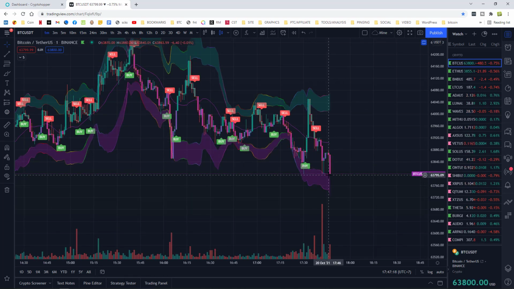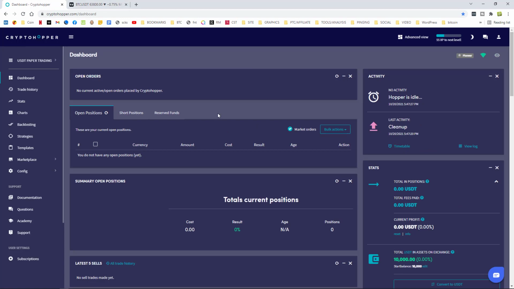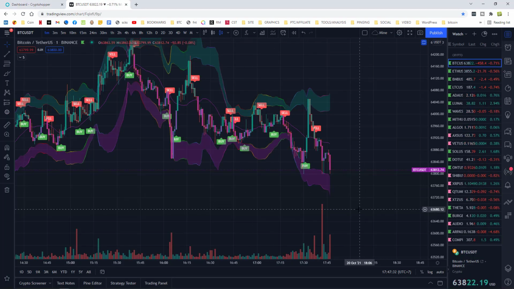So what it'll do, Tradingview will kick off one of these buys. It'll say, right, send a message to Jim's Cryptohopper to buy Bitcoin. Now Tradingview doesn't care how much Bitcoin it's going to buy. It's just saying to Cryptohopper, buy Bitcoin now.